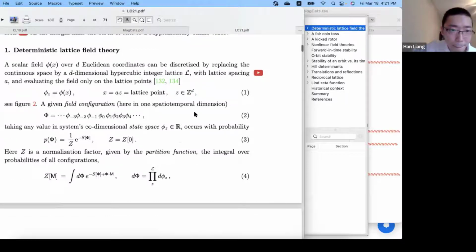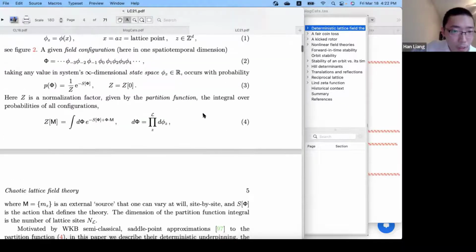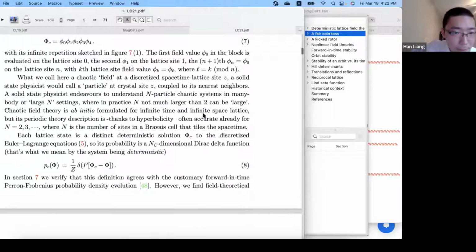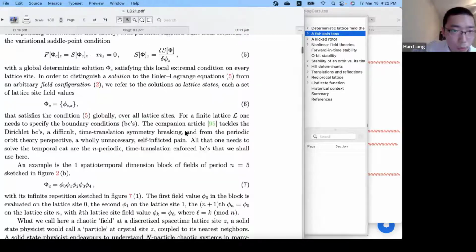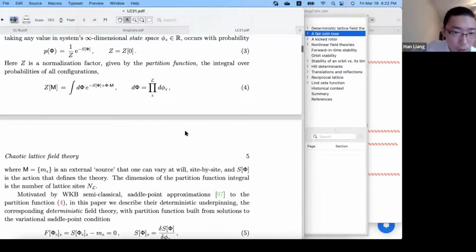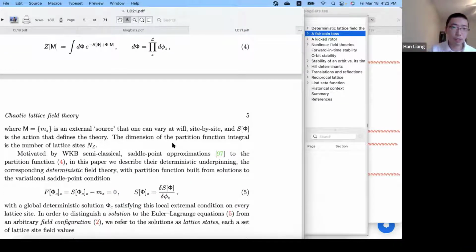So we're able to write the action or Lagrangian of the system, and the defining equation is given by the variational saddle point condition of the action, for example, in this form.